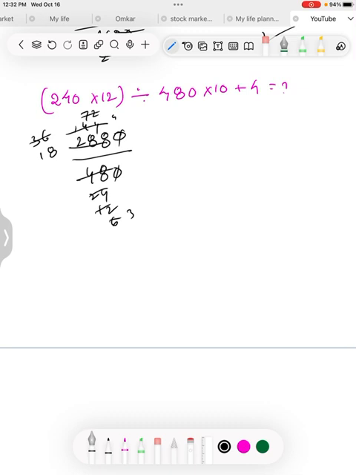Then if you see here we got 18 by 3, right? So we can just multiply by 10 plus 4, correct?